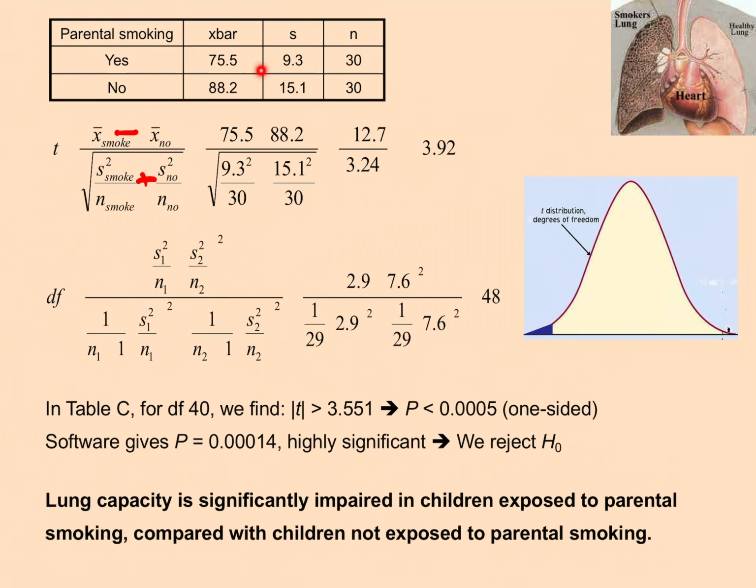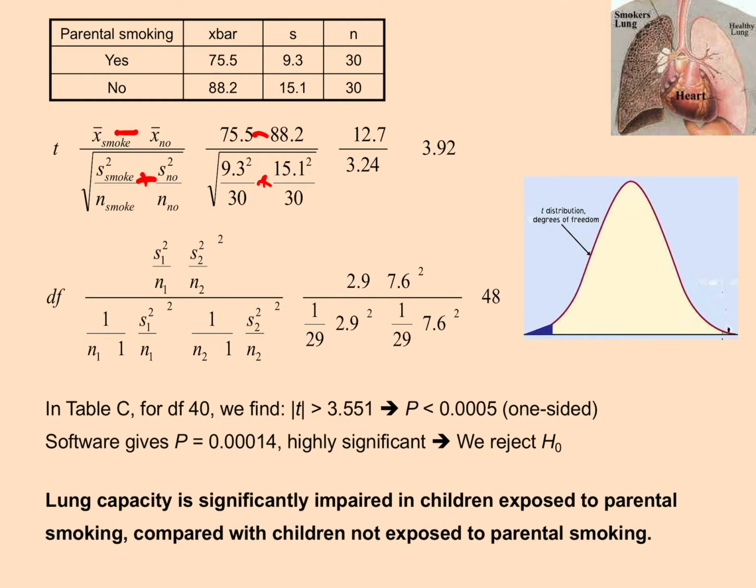We have the standard deviation for smokers of 9.3, and there you see it, 9.3 squared over the sample size, which is 30. We have the standard deviation for non-smokers, which is 15.1 right here, squared, divided by the sample size, also 30. We add those together, then take the square root of all that, and we end up with 3.24 as our denominator.